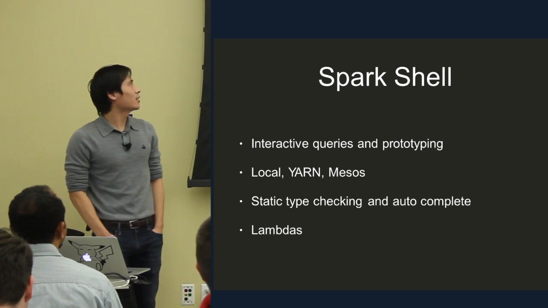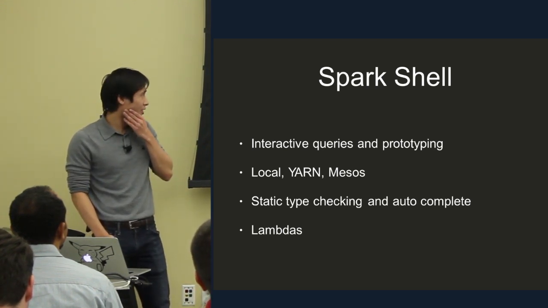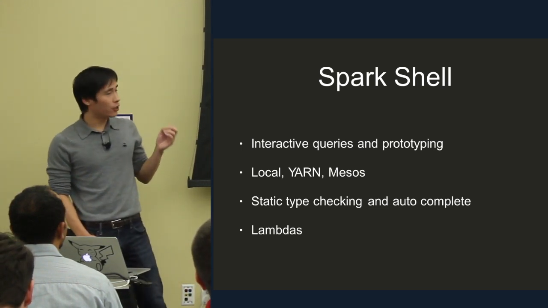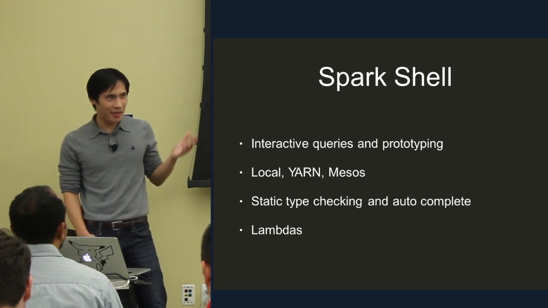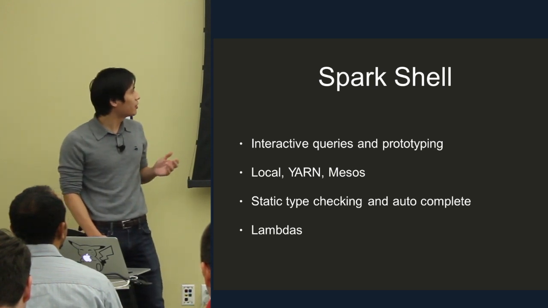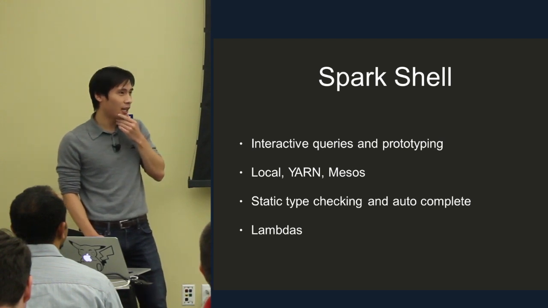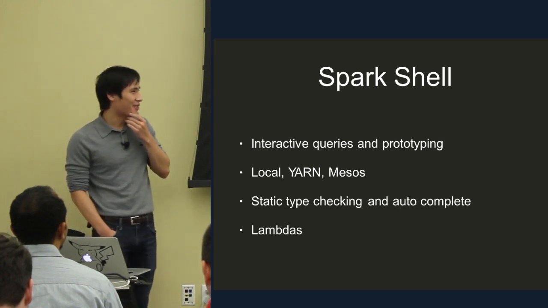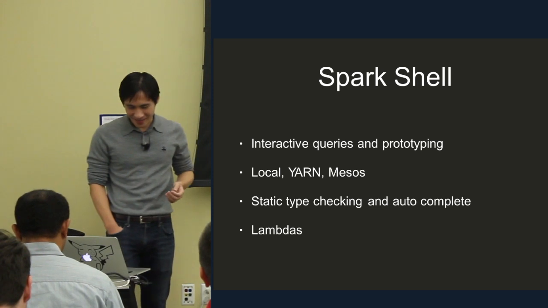And the other nice thing is you can point the Spark shell at your localhost and it'll spawn multiple threads to analyze your data, but you can also point it at a YARN cluster. So you can be issuing commands to thousands of machines in your YARN cluster to perform analysis. And same for Mesos. And it has all the advantages of the Scala shell, such as static type checking and autocomplete, because it really sucks when you had a job running for hours and then it turns out you have a syntax error.